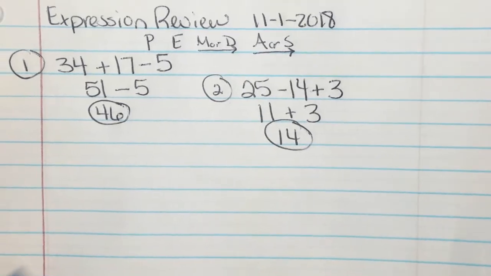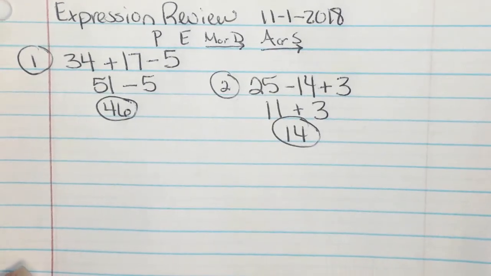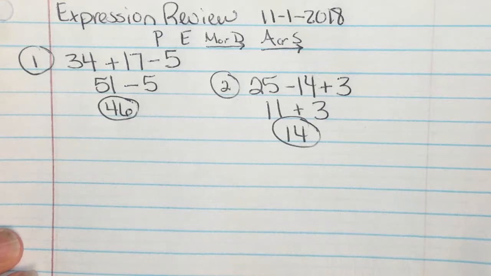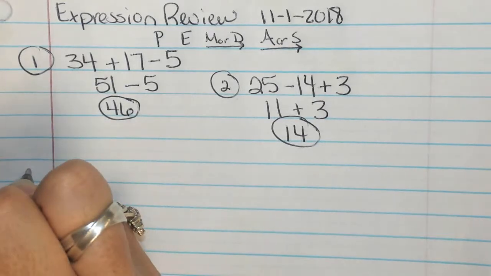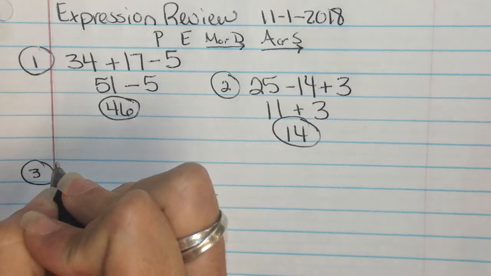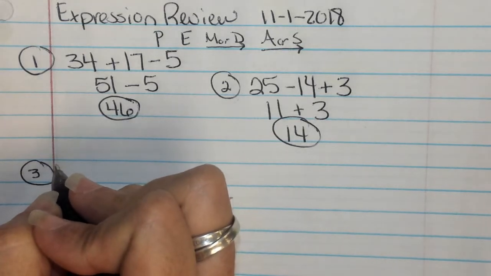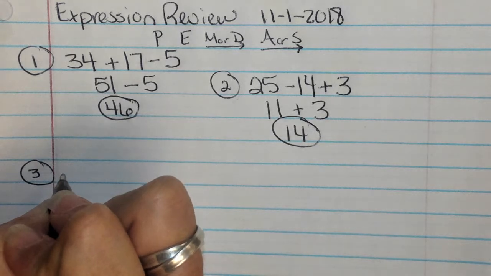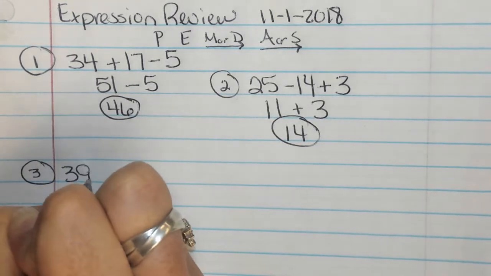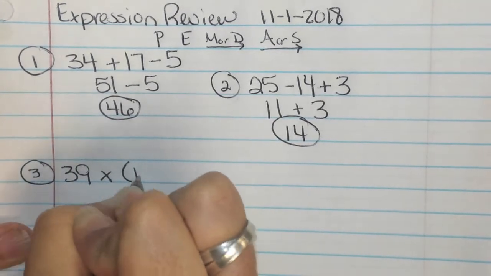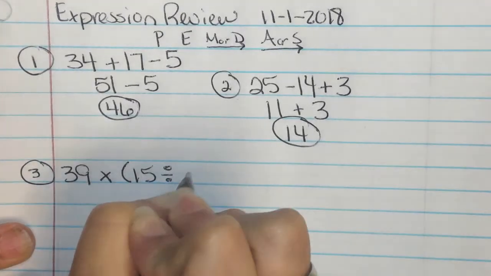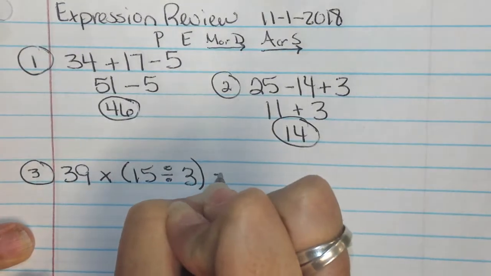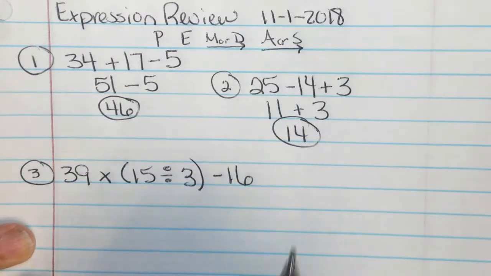Whatever you have in your parentheses and you have an exponent, do you do that first? If it's in the parentheses, yes. Number 3, I got 39 times 15 divided by 3 minus 16.